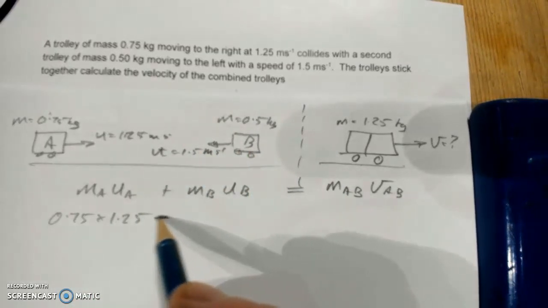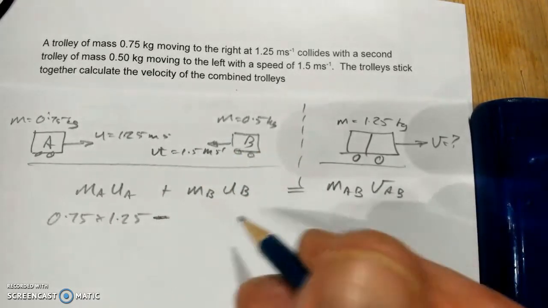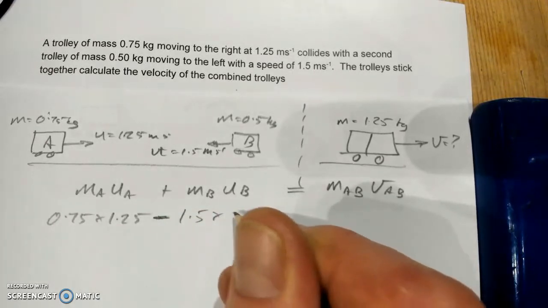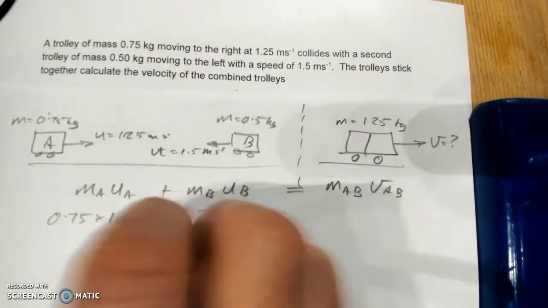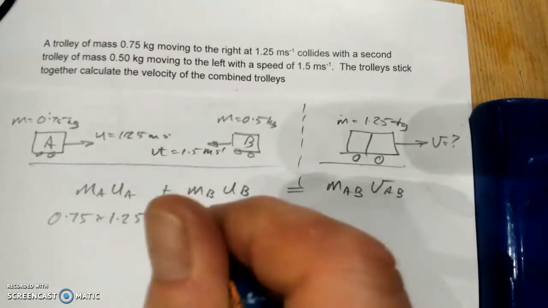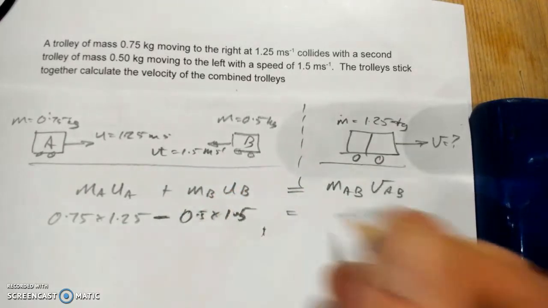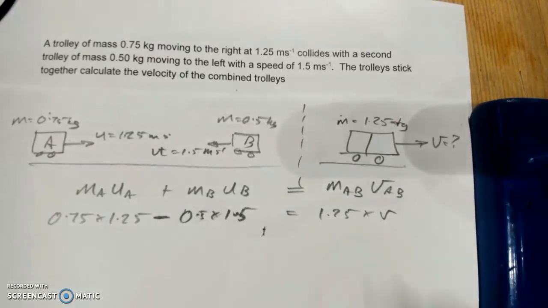You now know that that's a negative sign because it's a reverse velocity. So we've got 0.5 is the mass times 1.5 is the velocity equals the total mass, the 1.25, times the velocity we're trying to find.